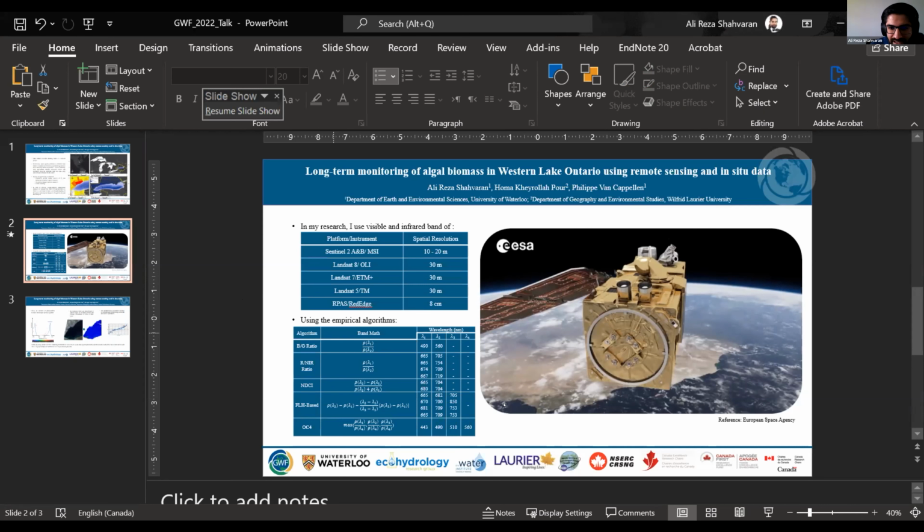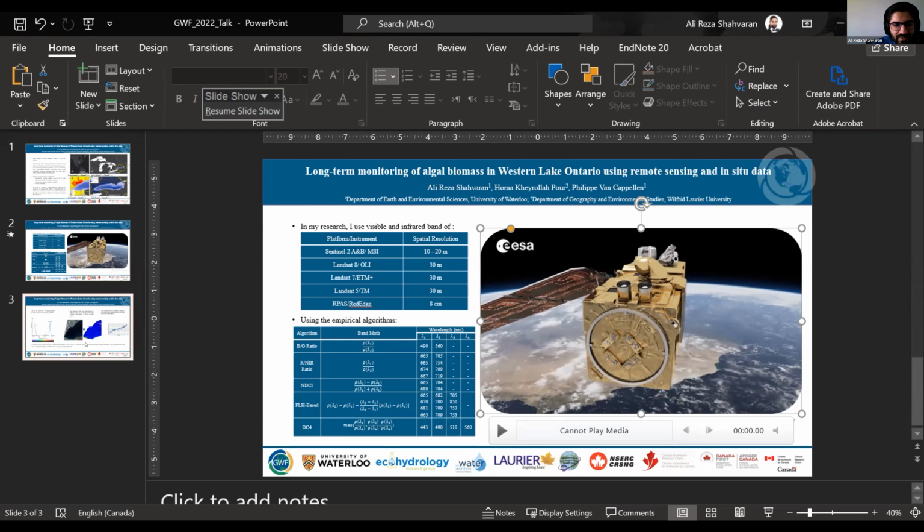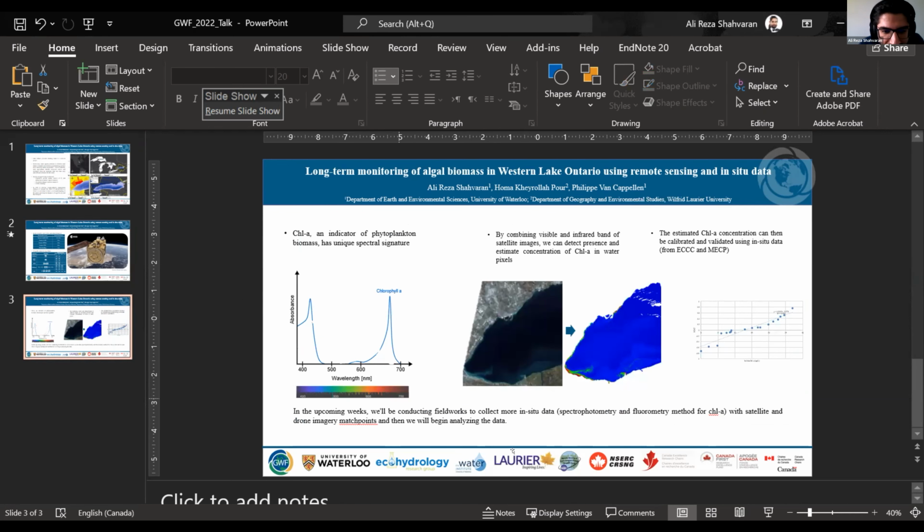And I use empirical algorithms in mostly infrared, red, and green bands, because chlorophyll A pigments have high reflectance in near infrared and red wavelengths and high absorbance in green. So they have unique spectral signature. By combining visible and infrared band of satellite images, we can detect presence and also estimate concentration of chlorophyll A in water pixels. Then we use in situ data to calibrate and validate our models.